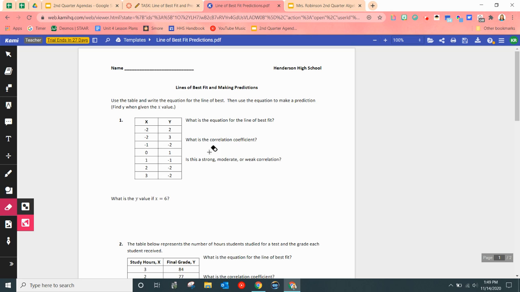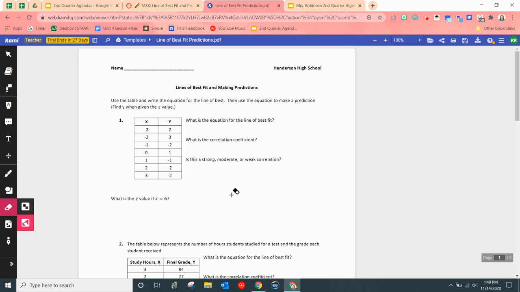You're going to figure out what's your correlation coefficient, and then you're going to decide, is it strong, moderate, or is it a weak correlation? And then you can also put if it's positive or if it's negative correlation, because that's important. That depends on R, the value of R. Or you could look at your slope and decide, is my slope positive? Is my slope negative? That will tell you.